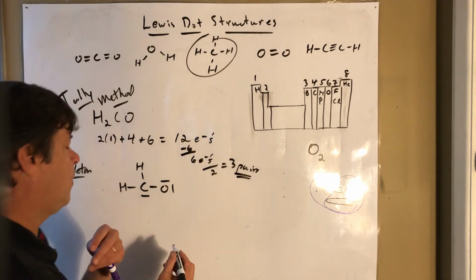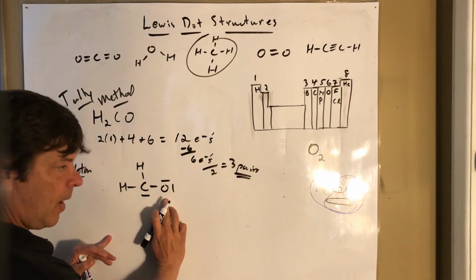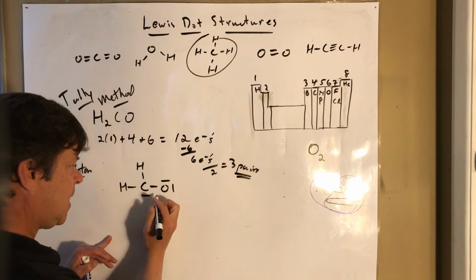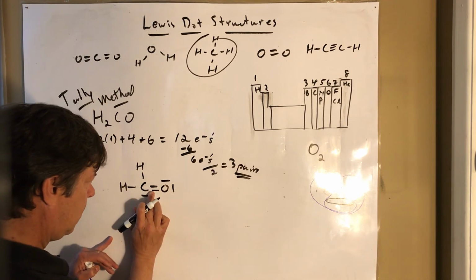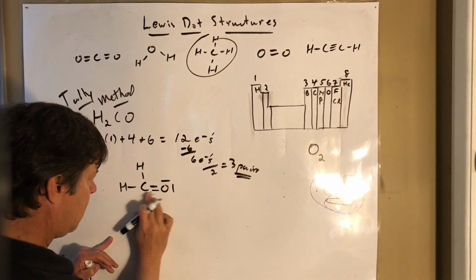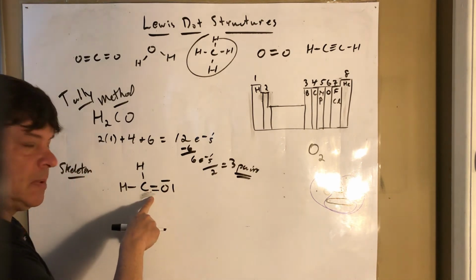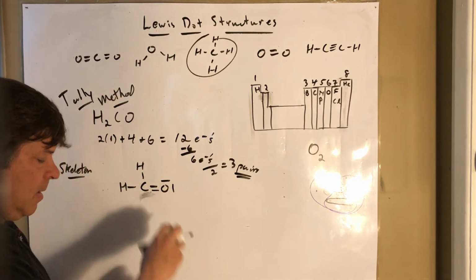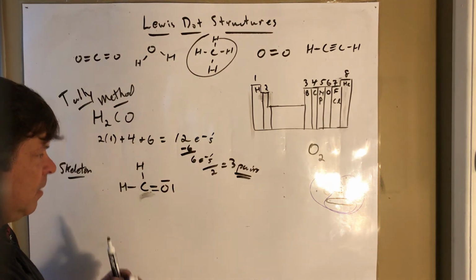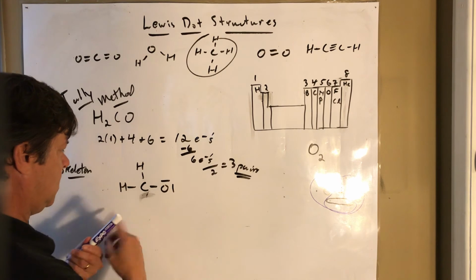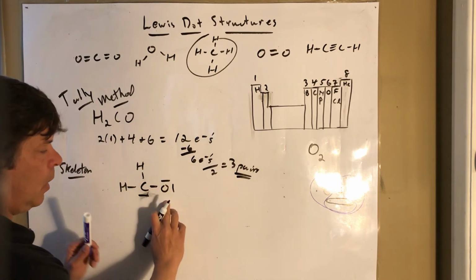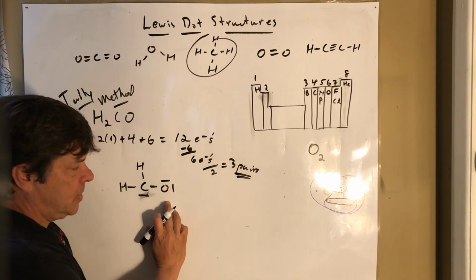Watch what we do here. So that oxygen can follow the octet and carbon still follows the octet, we're going to slide these two electrons in between. We do the old slide, and that forms a double bond. We noticed there were only 6 electrons on oxygen.